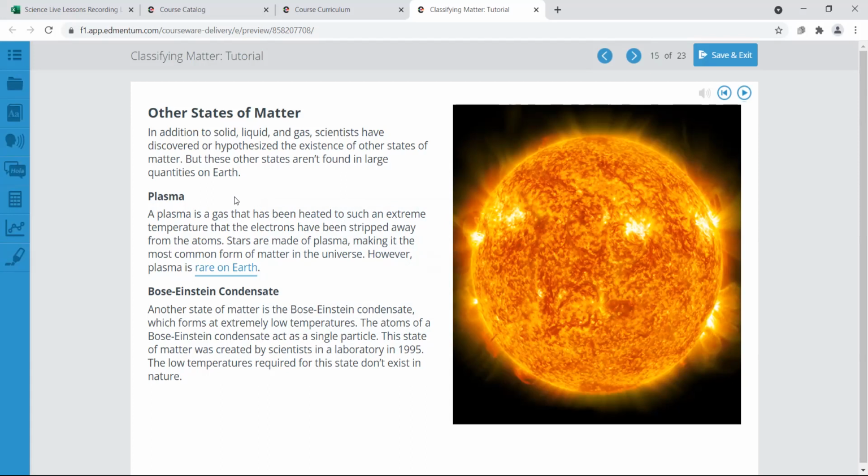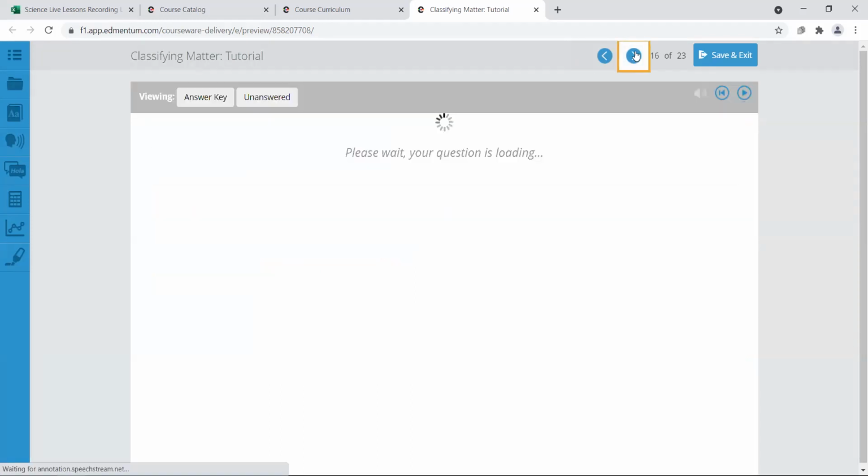It's the most common form of matter in the universe, but it's rare on Earth. It's the most common form basically because stars are made of plasma, and there are billions and trillions of stars in our universe. However, it's rare on Earth, so we don't really see or talk about it that much on Earth.